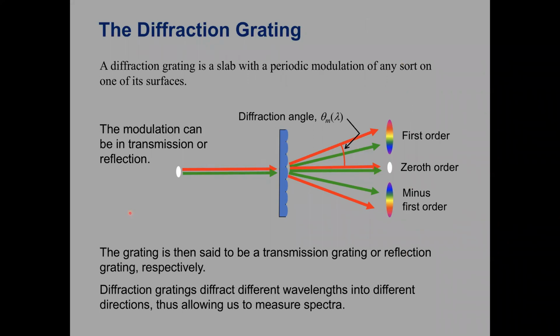One of the main reasons this is really useful for spectrometers and spectroscopy is that the very separated nature of the constructive fringes allows us to really separate different wavelengths and direct them to different positions on a screen where we can measure them, and their position correlates to their wavelength.